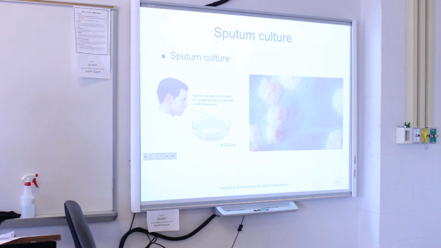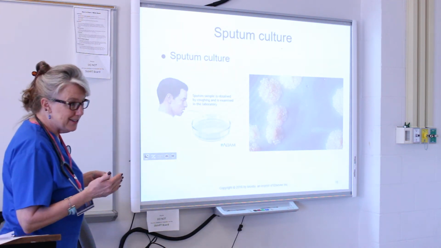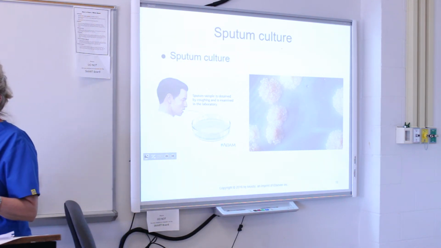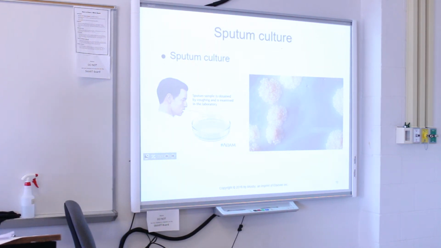But once it's identified that there is an acid-fast organism in the body, they're going to do a sputum culture. Now the thing with the sputum culture is that bacteria don't grow overnight. It usually takes days, and with tuberculosis, several days for it to actually grow on an agar plate.